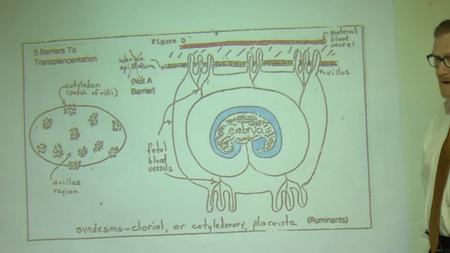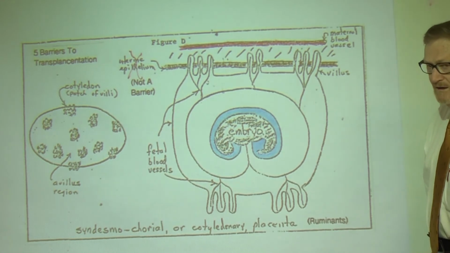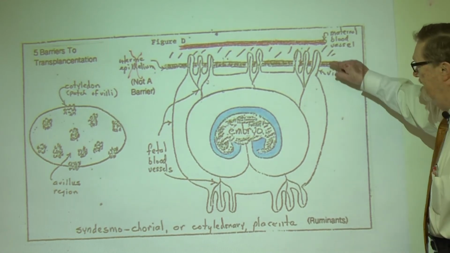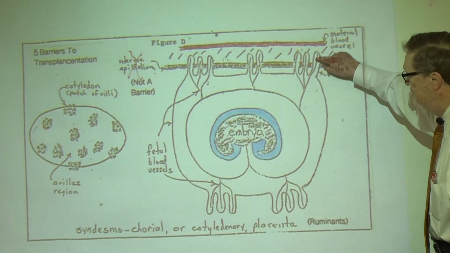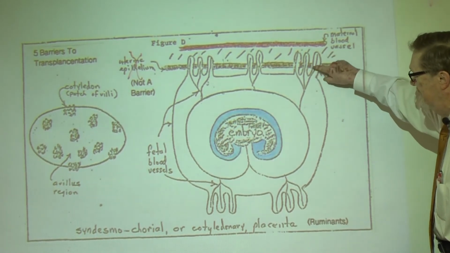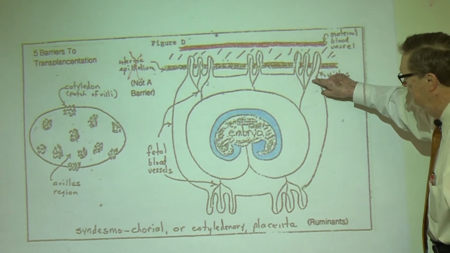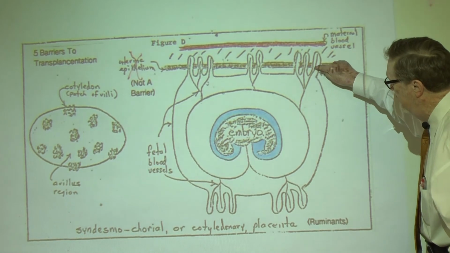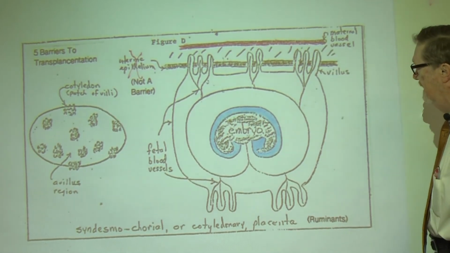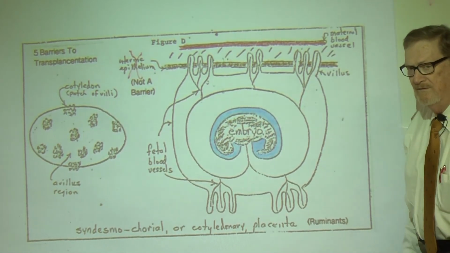But look, all three layers of the fetal placenta are there: the outer chorionic villus ectoderm here, the syndesmochorial fibrous tissue that's on the inside up here, and finally the wall of the fetal blood vessel. All three of those barriers are there. What is the one barrier that we have eliminated?